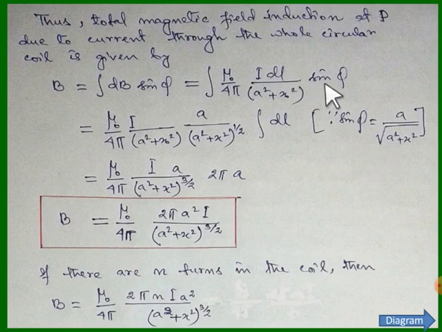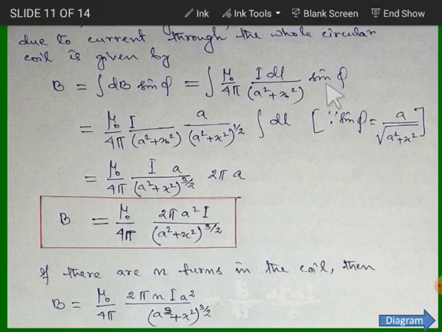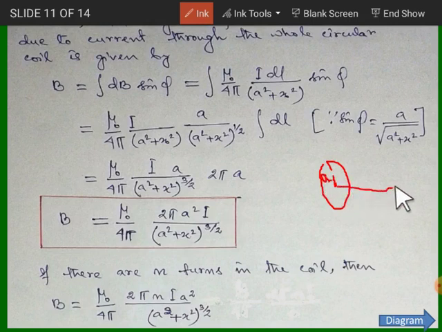It was a circular coil like this, and this is your A, right? This is your X, this is your point P, and this was marked as C, right? So your phi was somewhere here.